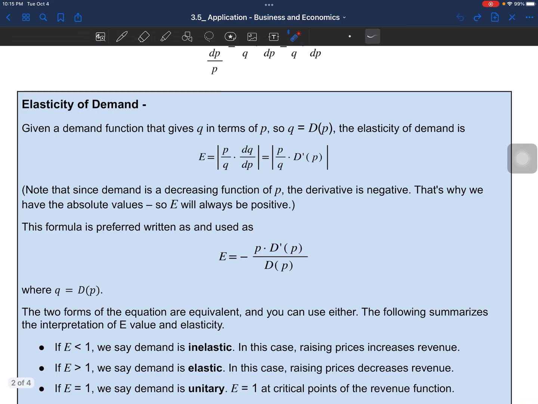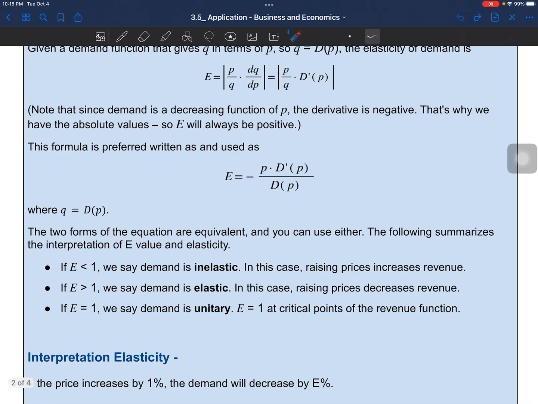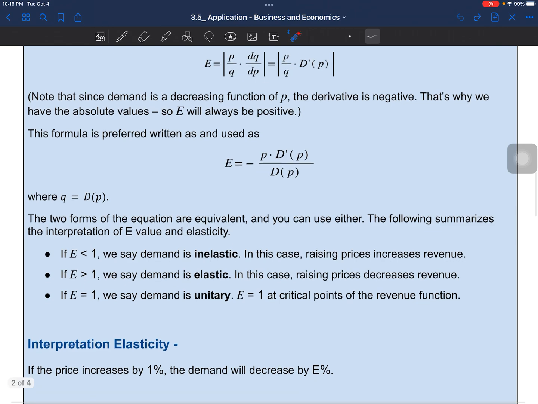Basically, the business people wanted a positive number, so they just convert it to a positive by multiplying by a negative. So we get this elasticity function, and the elasticity value E can be found using this formula. This is a very preferred formula, and we use it often. These two formulas are equivalent, but this one is much easier for us to work with.